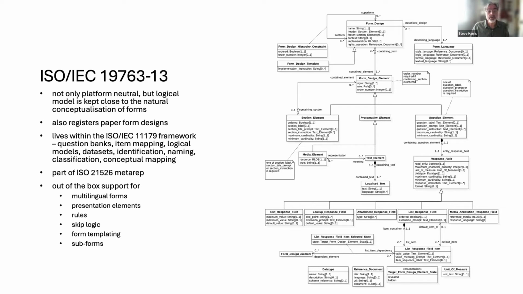So out of the box, it supports multilingual forms, lots of presentation. You might not get precisely the right presentation. There's stuff where you can stick some CSS statements in here. Skip logic, form templating, subforms, all of that supported out of here.